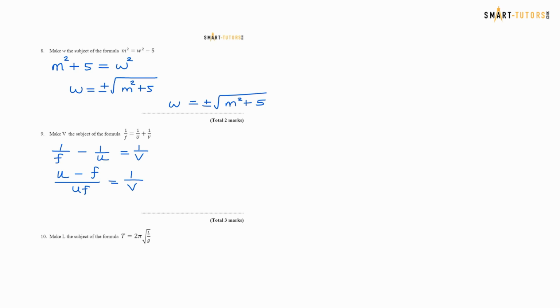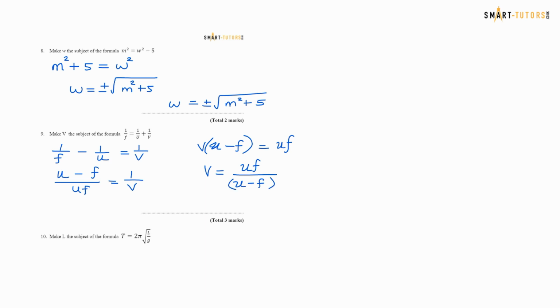So if we cross multiply, V times U minus F, UF times 1 is UF. So V is going to be UF over U minus F. So that is the subject for V.